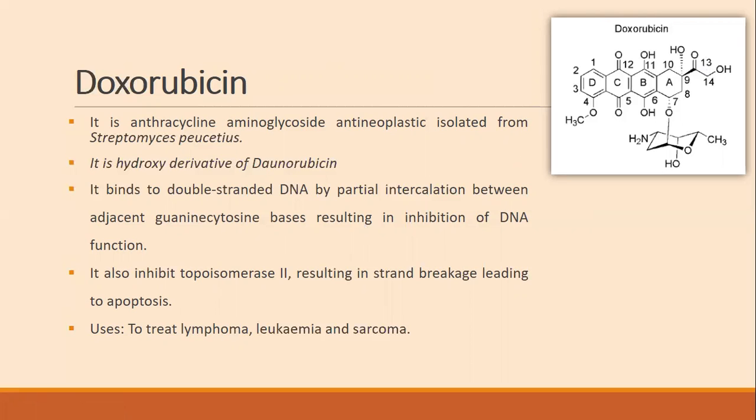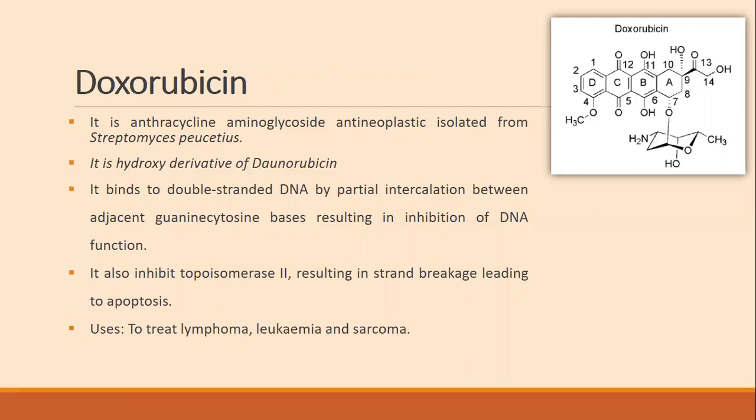This intercalation causes unwinding of DNA and thereby inhibits DNA function. It also inhibits the topoisomerase 2 enzyme, resulting in strand breakage and leading to cell death, that is apoptosis. Doxorubicin is used in the treatment of lymphoma, leukemia, and sarcoma. So these are the two agents, doxorubicin and daunorubicin, we understood under the family of anthracycline antibiotics.